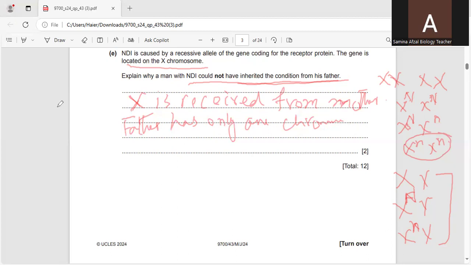So due to the mother, he can have this disease, except the father. The father has only one X chromosome, and if that one X chromosome is faulty, it will not be passed on this way. So in this way, the man could not have inherited that condition from the father.